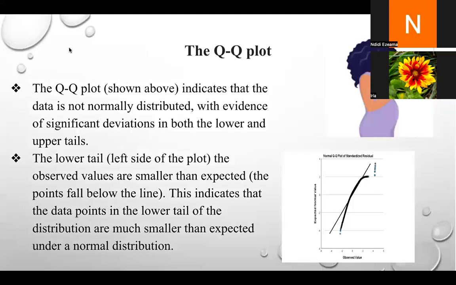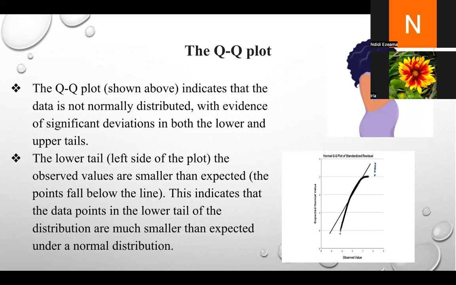And next we have our QQ plot. This slide represents a QQ plot, which is a graphical method for comparing two probability distributions by plotting their quantiles against each other. In this case, the QQ plot helps us determine whether the data follows a normal distribution.